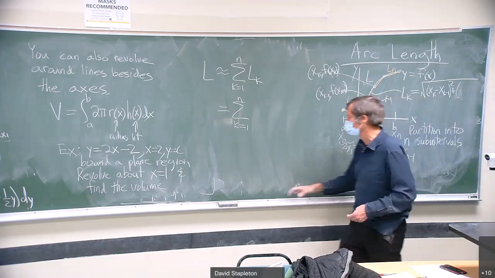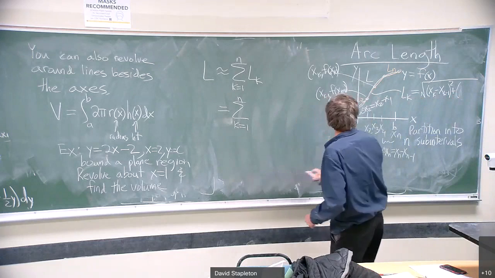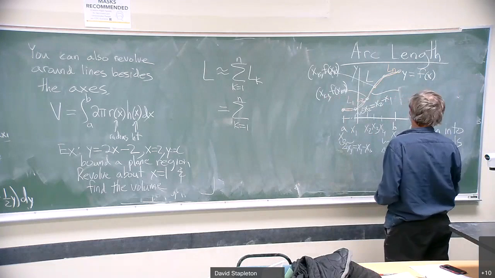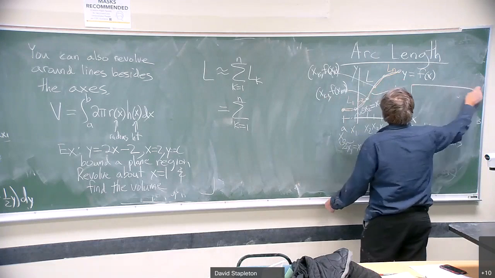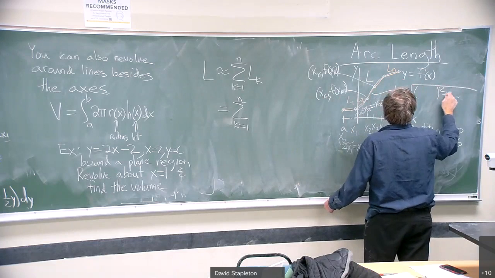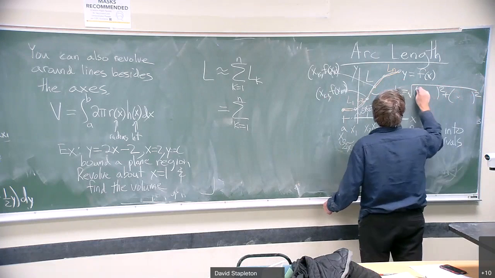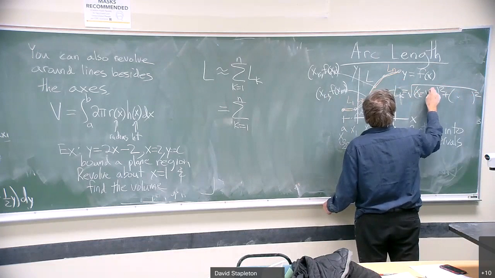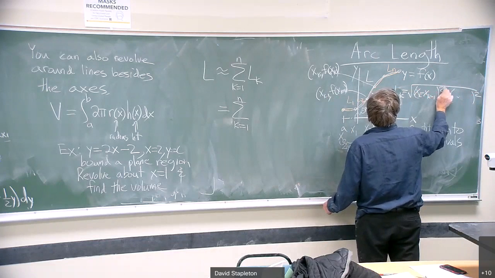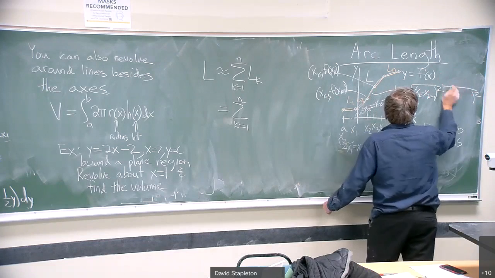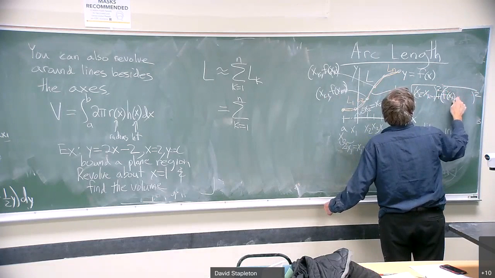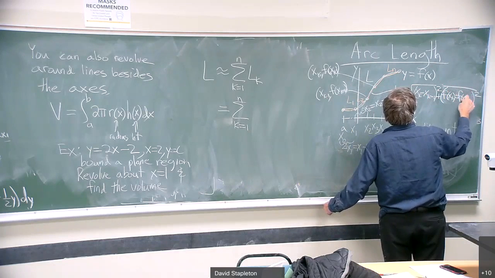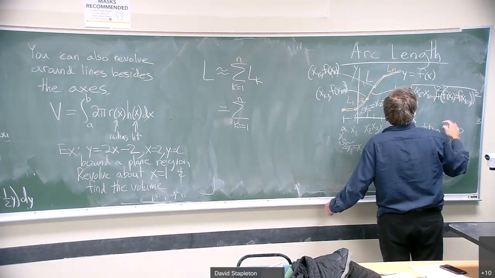Let me put it over here. Lk is the square root of the difference in the x coordinate squared plus the difference in the y coordinate squared. That's the distance formula, right? So xk minus xk minus 1 squared plus f of xk minus f of xk minus 1 squared.